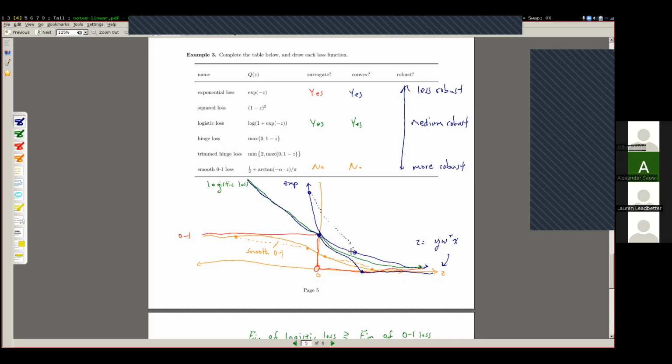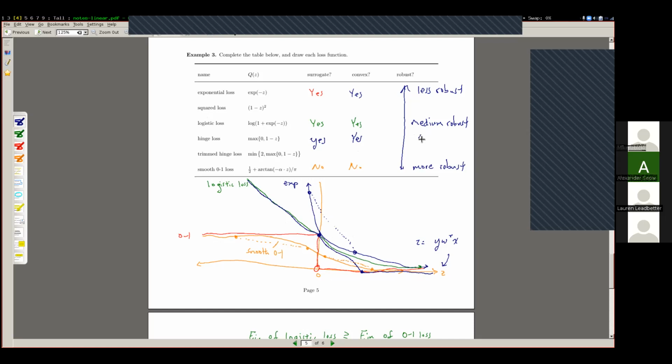So the hinge loss, it is a surrogate. Yes, it is convex. And again, it's extremely close to the logistic loss and basically as close to the 0-1 loss as you can get, while still being both a surrogate and convex.